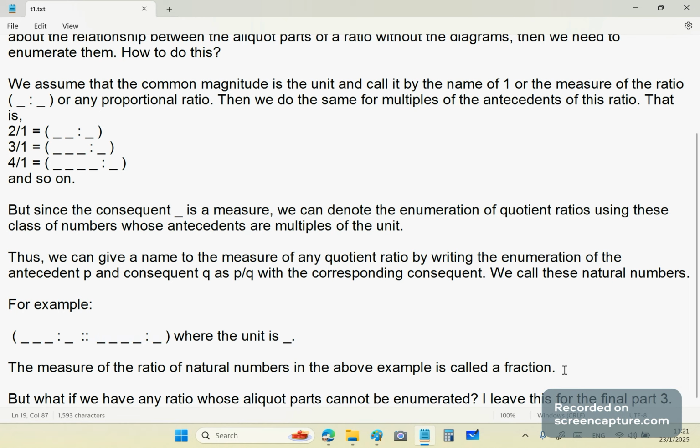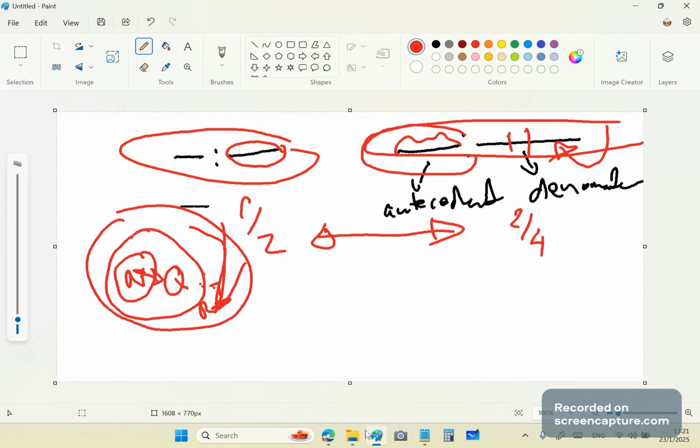In the next video, we're going to talk about any ratio whose aliquot parts, meaning the antecedent and consequent, cannot be enumerated. So we'll leave that for that section. Now, what that means is that you'll have a ratio like this, where these two have no common divisor or magnitude, no common magnitude that measures them without remainder.